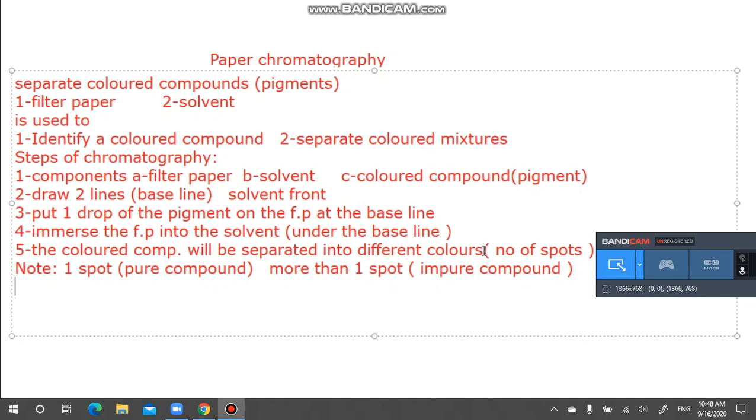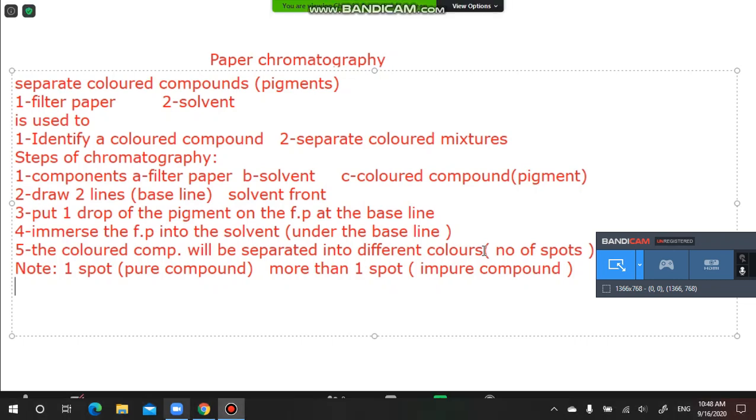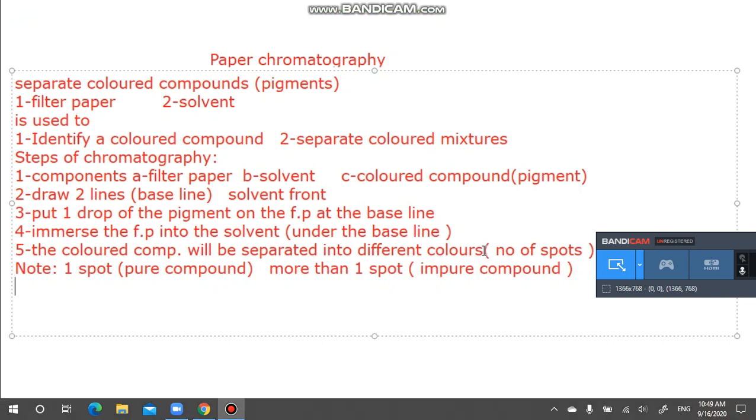We can identify the type and the amount of the compounds inside this mixture by step number 6, calculating something called RF.